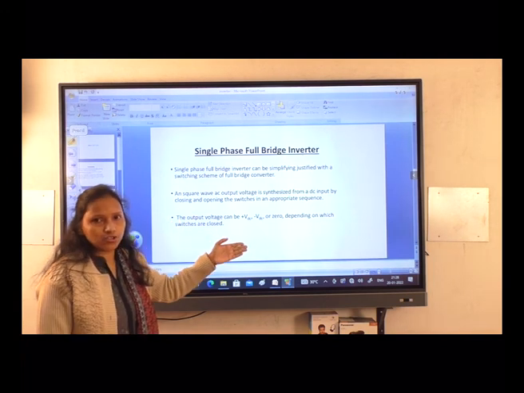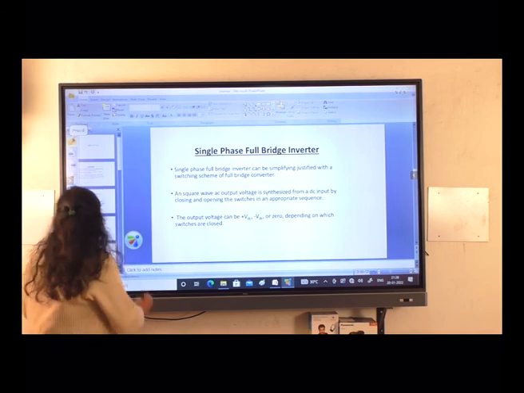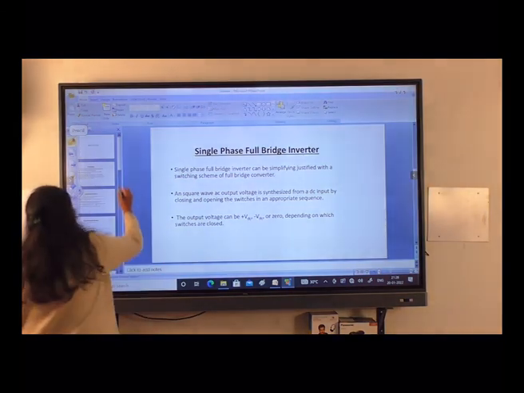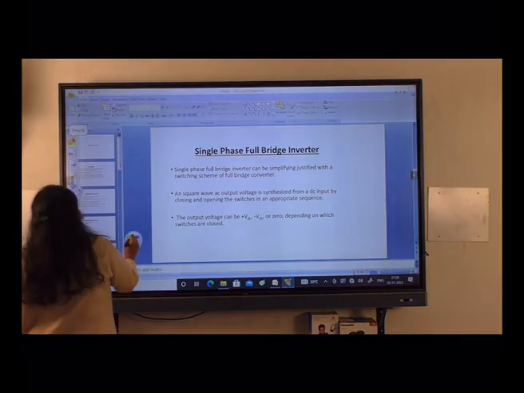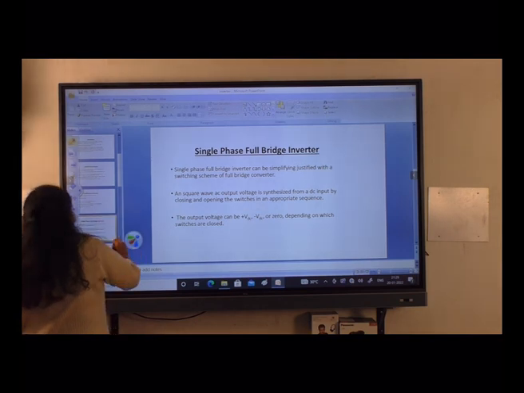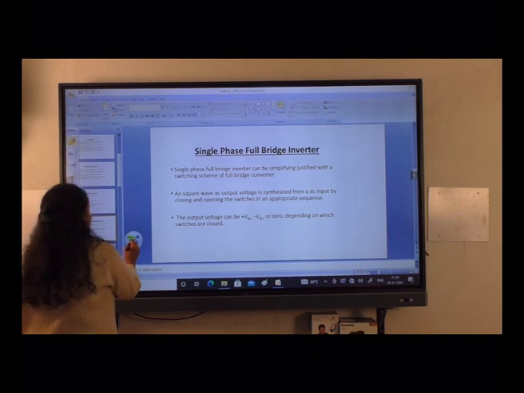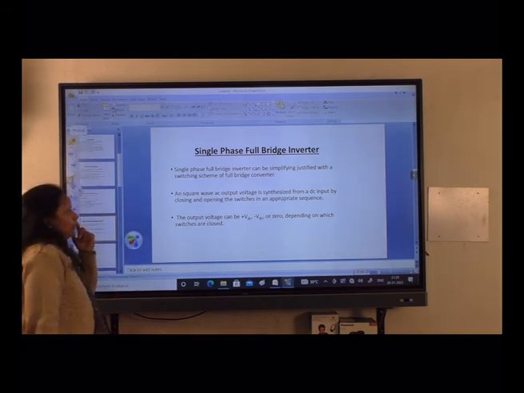Under this we will study the half bridge and full bridge inverter.